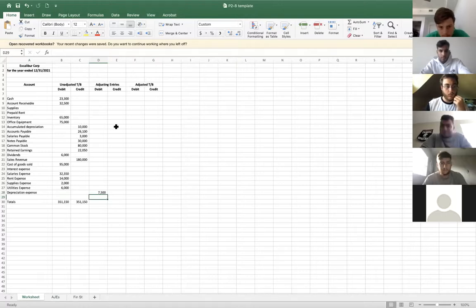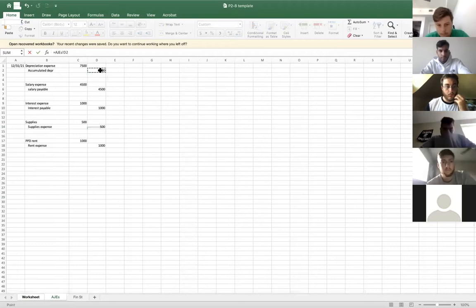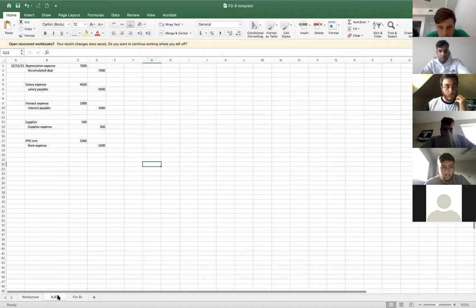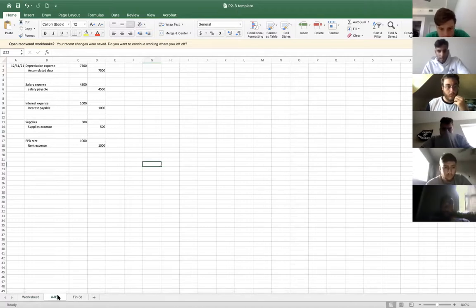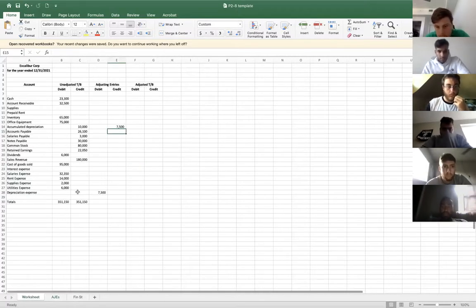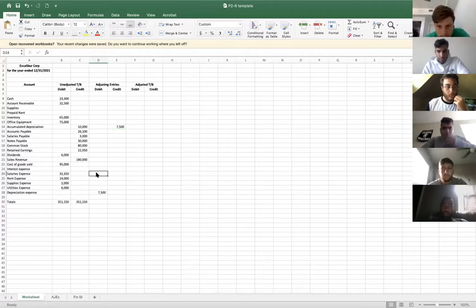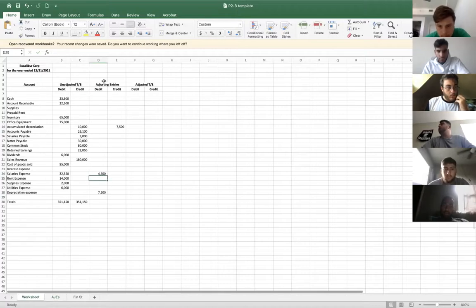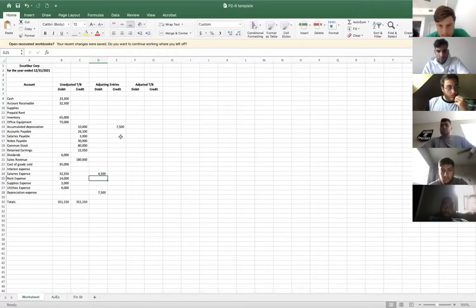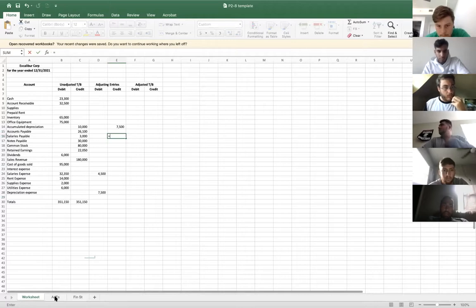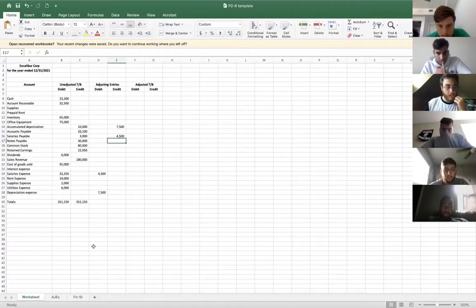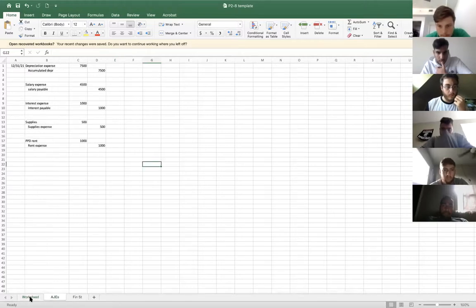My accumulated depreciation had a credit of 7,500. Then I'm just posting: salary expense has a debit, and salary payable has a credit. Does everybody see how I'm doing my cell referencing and just posting the journal entries? So go ahead and post your journal entries.